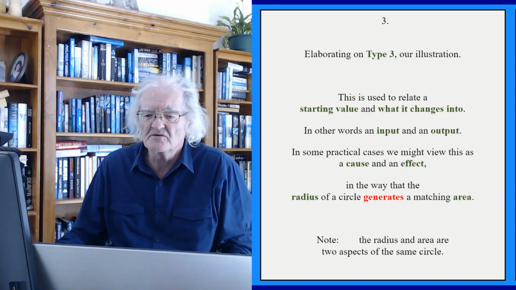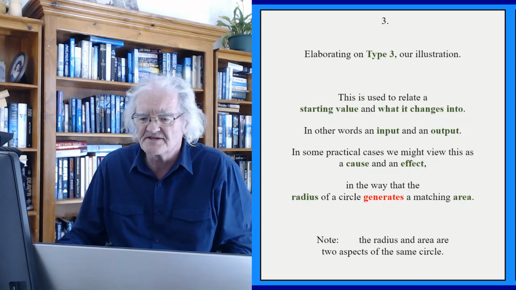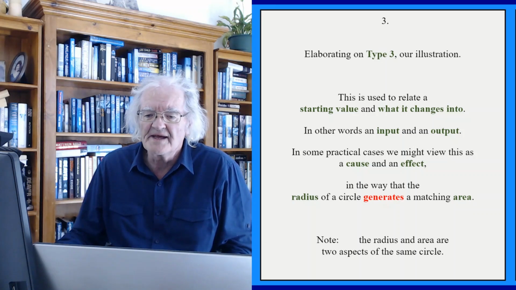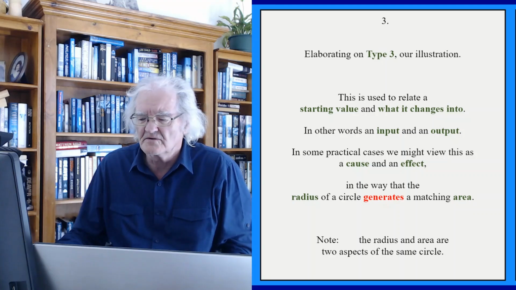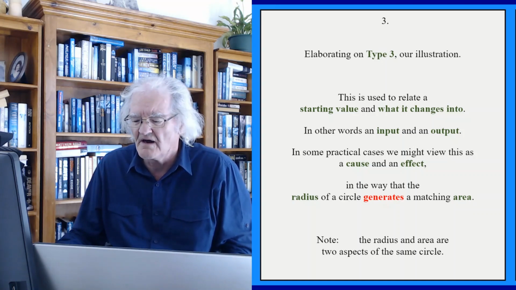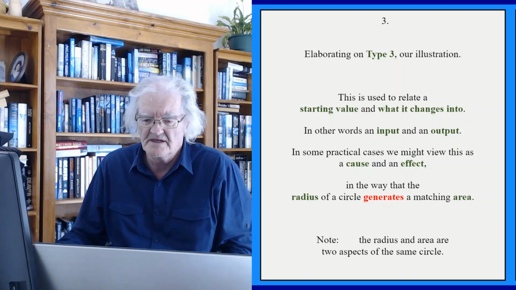In some practical cases, we might view this as a cause and effect, such as in the way that the radius of a circle generates a matching area. Note that the radius and area are 2 aspects of the same circle. So the circle is providing a setting for an investigation where one value can be changed into another.